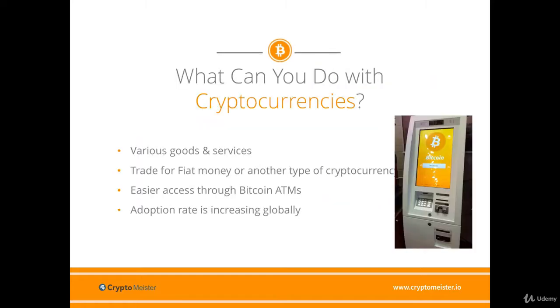You can purchase goods or services or trade cryptocurrencies for another type of money. Some colleges now accept bitcoins as tuition fees. In 2013, the University of Nicosia, a private school in Cyprus, became the first university to accept bitcoins.